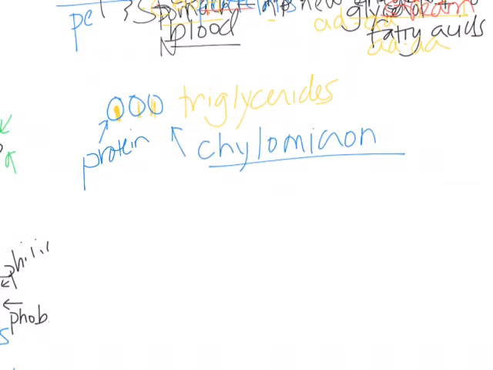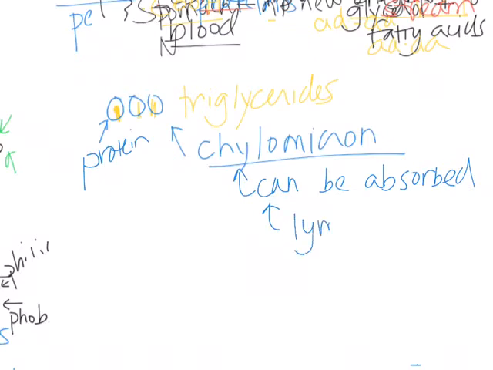The chylomicron can be absorbed, and where it gets absorbed is it actually enters the lymph vessels.